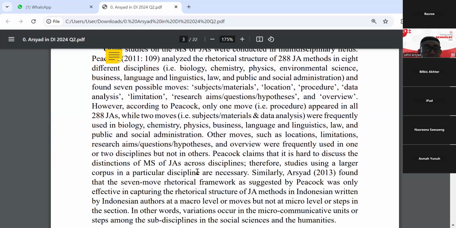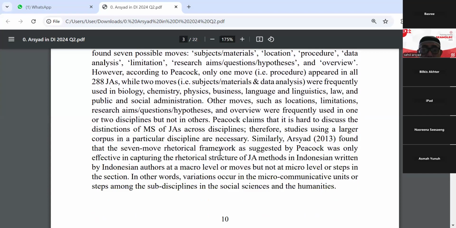Similarly, Arshad found that the seven-move model by Peacock was effective in capturing the rhetorical structure of journal articles written by Indonesians at the macro level, but not at the micro level, in 2 disciplines of social sciences and humanities.